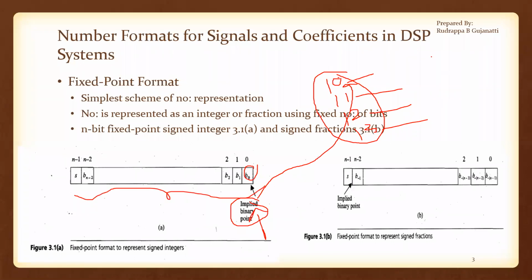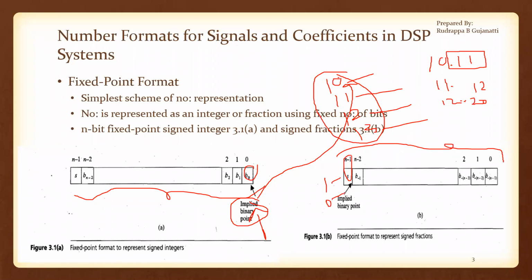Now, when it is a fraction, it might be something like this: 11.12, 12.20, something in this form. Here you can see that this is a number which is after the decimal point. In this case also, again, I have n number of bits. The last bit gives me the sign. If it is 1, it is negative.